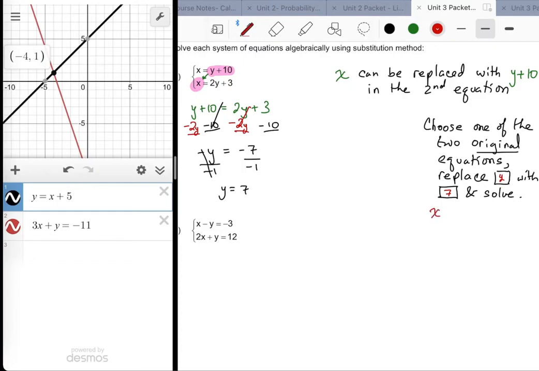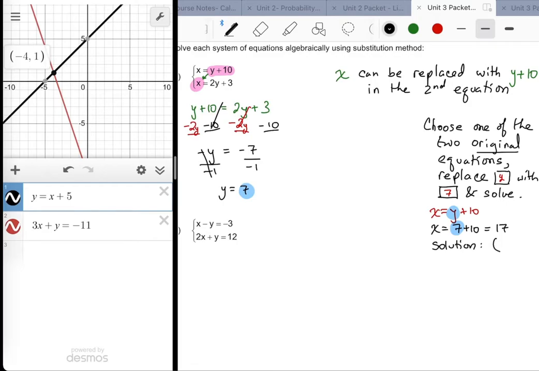So x is equal to y plus 10, so x is equal to 7 plus 10. So we get a result of 17. Our solution is always going to be in the form of x, y. The x value comes first, 17. The y value comes second, 7.